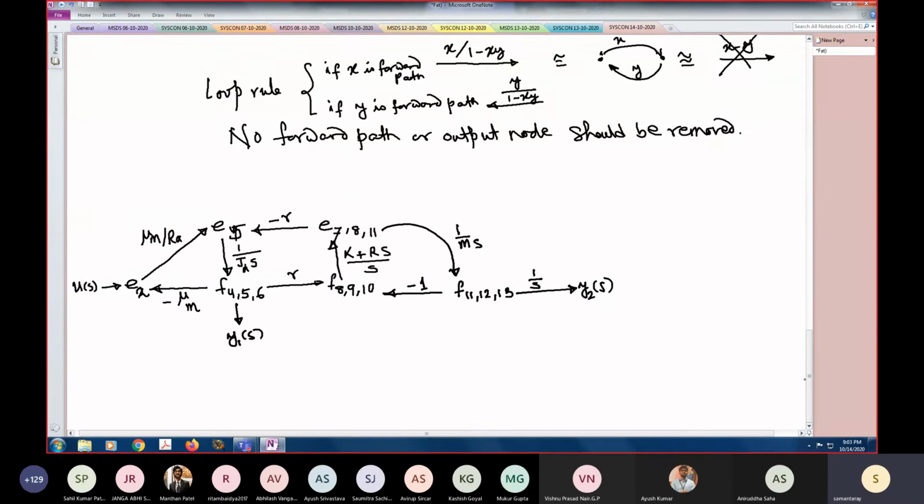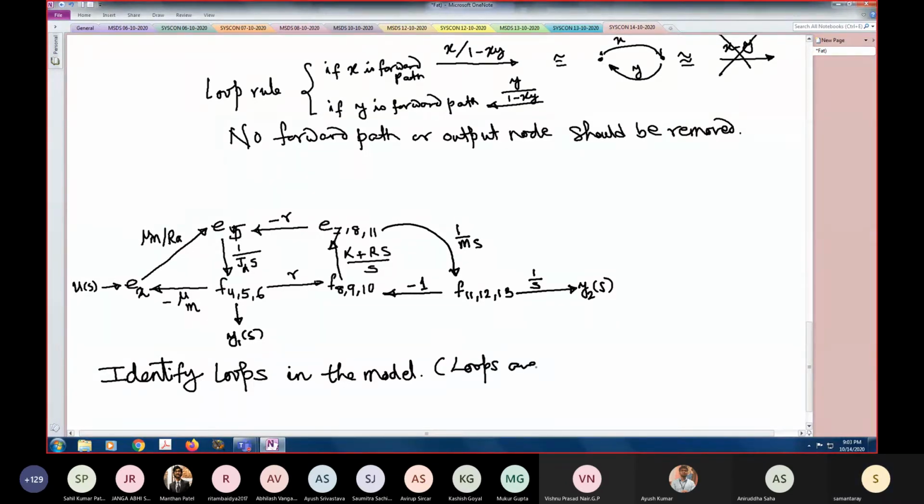The first step that we have to do is identify loops in the model. Let's say loops are denoted by L1, L2, and so on.